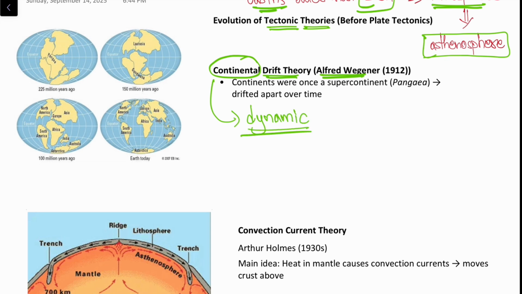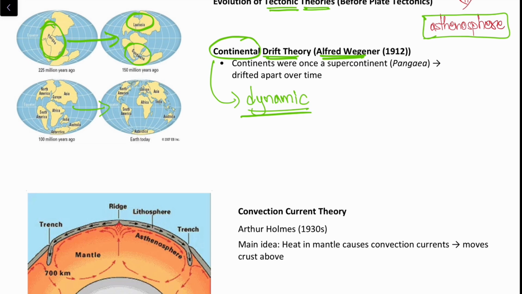That means they don't stay in one place, they move. According to continental drift theory, initially there was a huge continent called Pangaea, which later divided into Laurasia and Gondwana, and over time those continents also divided into the present 7 continents on the Earth. That is the main idea behind the continental drift theory.